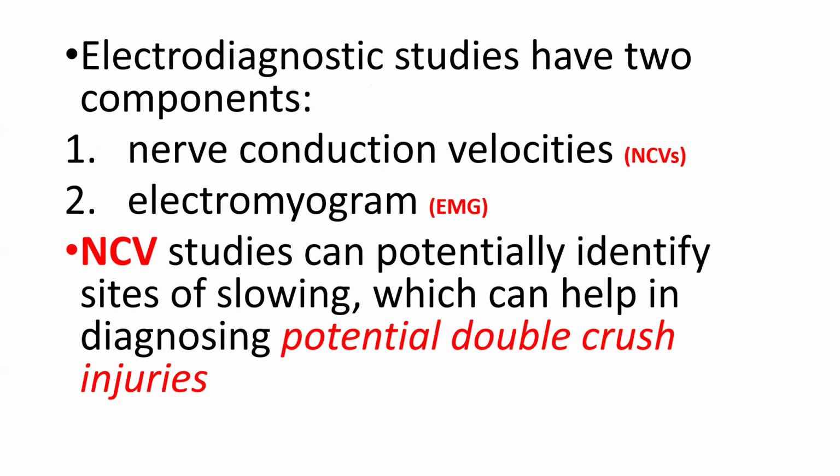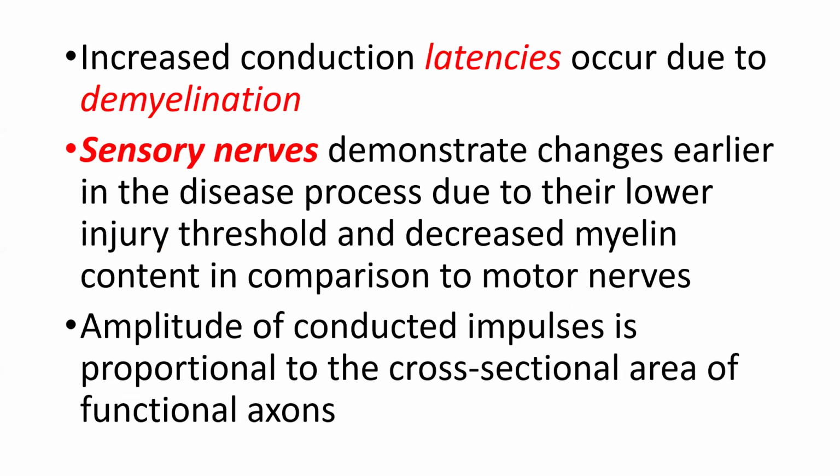Electrodiagnostic studies have two components: nerve conduction velocities and electromyograms. Nerve conduction studies can potentially identify sites of slowing, which can help in diagnosing potential double crush injuries. Increased conduction latencies occur due to demyelination.